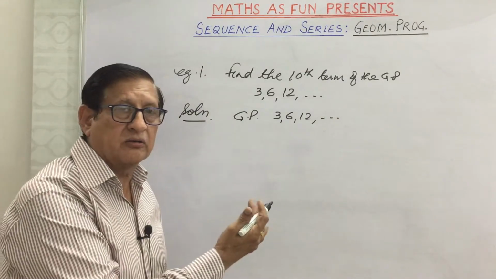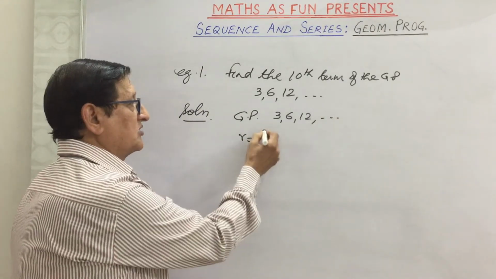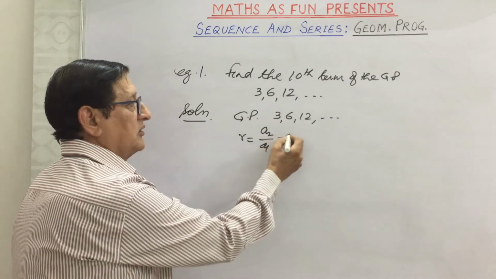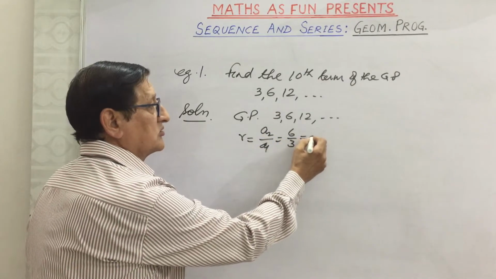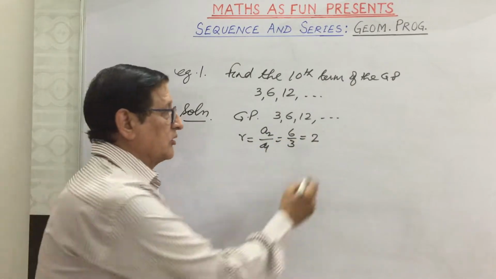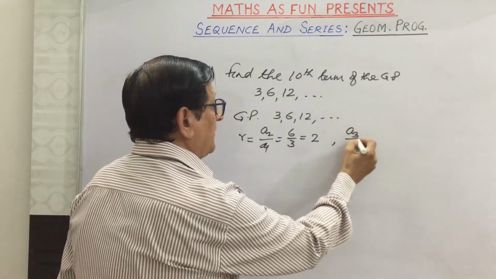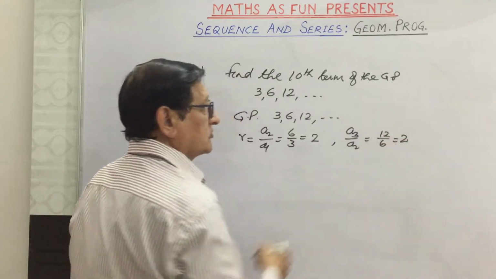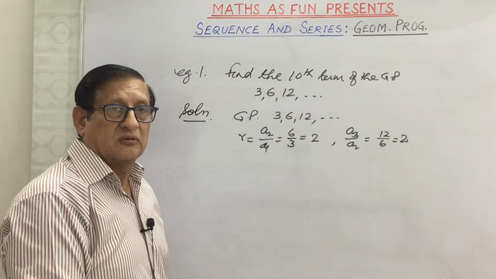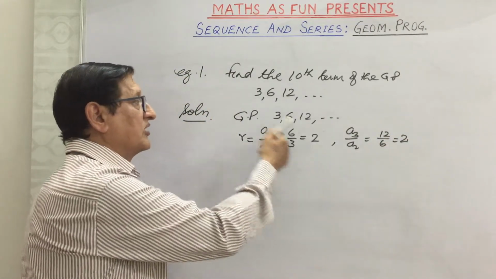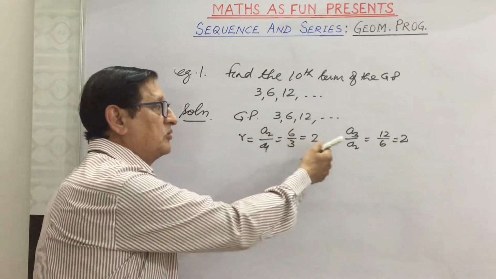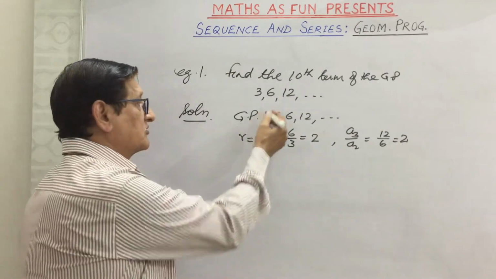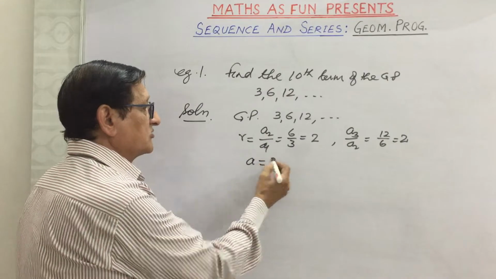What is R here? To find out R, we have to see A2 upon A1, that is 6 upon 3, that is 2. We can also see A3 upon A2, that is 12 upon 6, this is also 2. Actually, this can confirm whether the given sequence is a GP or not. The first term here, A, is given as 3.